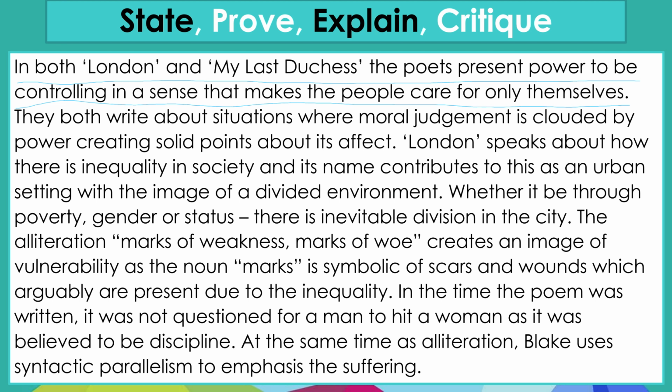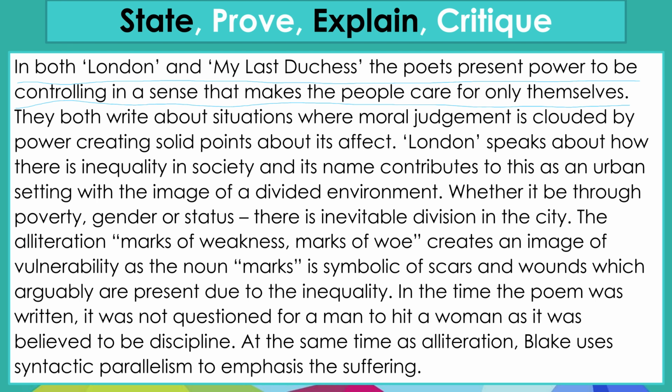This is really advisable that your first sentence is essentially in response to the question and grouping your two poems together. In both London and My Last Duchess, the poets present power to be controlling, which means that for the rest of this paragraph, whether I'm talking about London or My Last Duchess, what I would do is talk about them showing this power to be controlling.